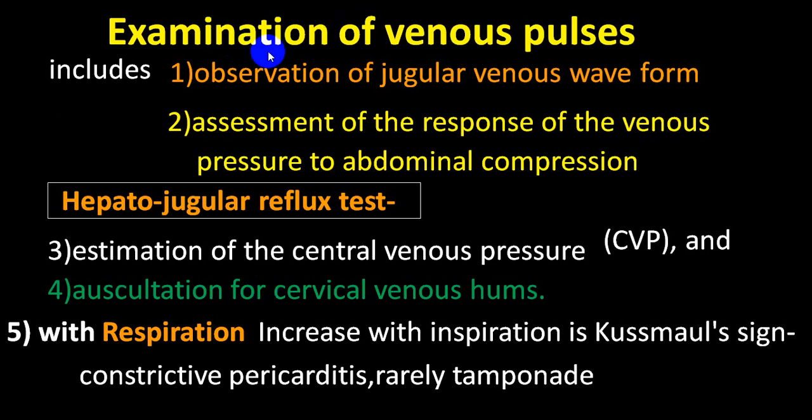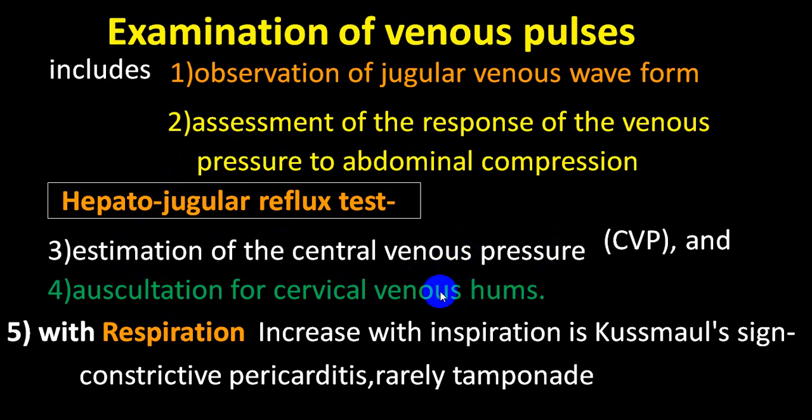So whenever you want to examine the jugular venous pulse, observe for the jugular venous pulse wave and assess the response of venous pressure to abdominal compression. We call it the hepatojugular reflux, which indirectly reconfirms that it is the jugular vein only. And also, as a second technique, you can estimate the central venous pressure, or you can auscultate for a cervical venous hum.